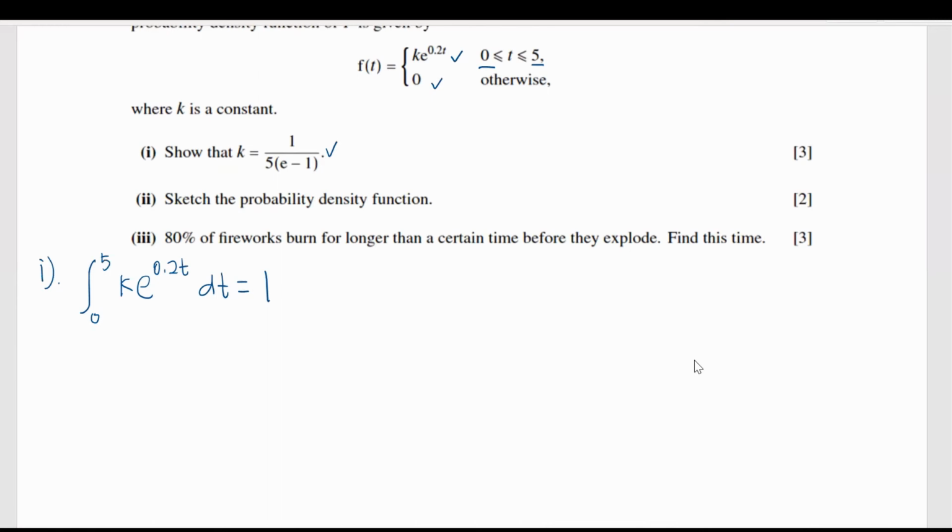Now we are trying to integrate this exponential function. When you integrate an exponential function, you will still get back the exponential function, divided by the constant 0.2. All right, done.